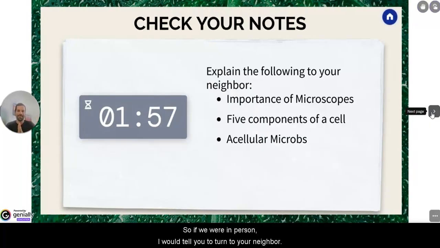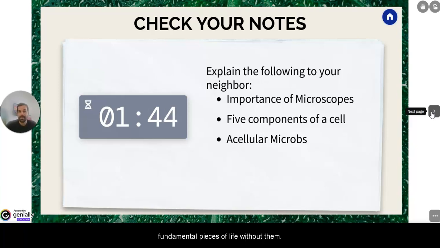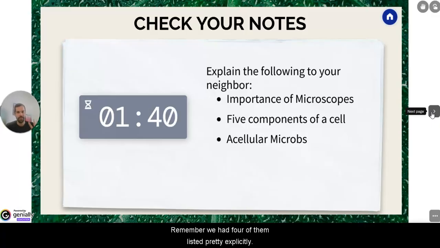If we were in person, I would tell you to turn to your neighbor, but again, just check in on your notes. Make sure you understand what is important about microscopes, which is that we can't see our fundamental pieces of life without them. The 5 components of the cell, remember we had 4 of them listed pretty explicitly.